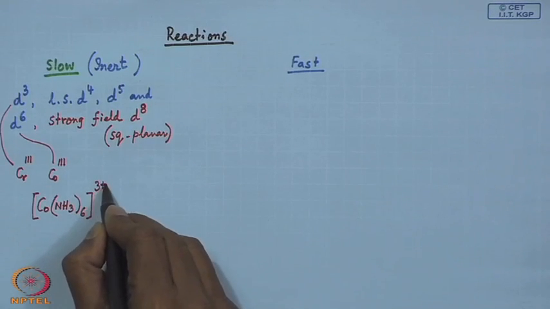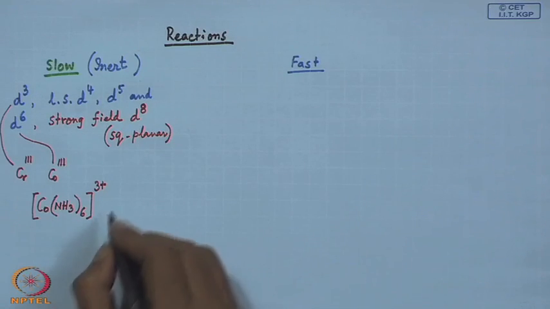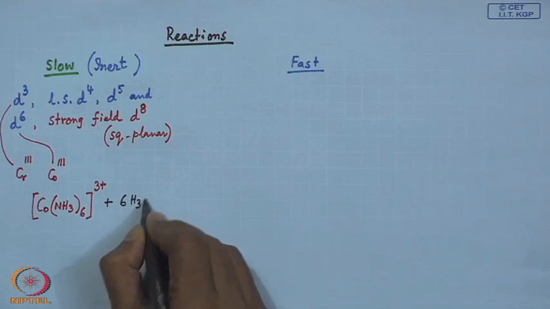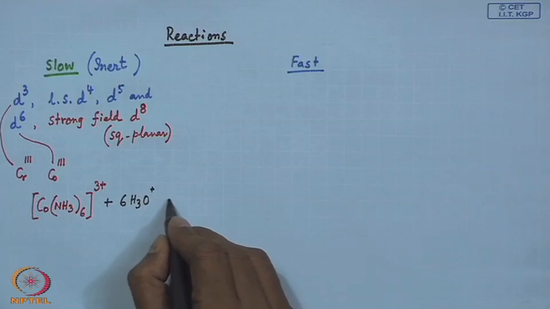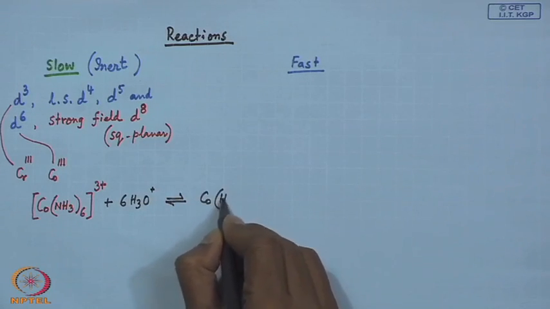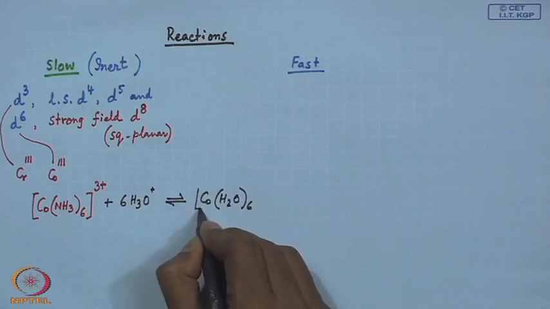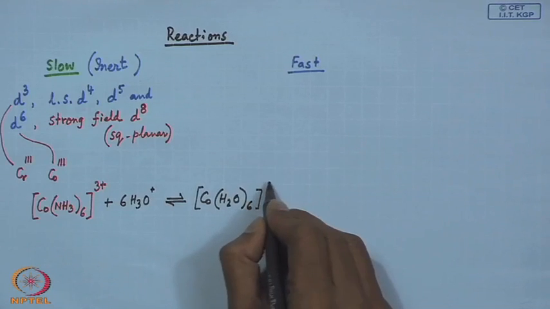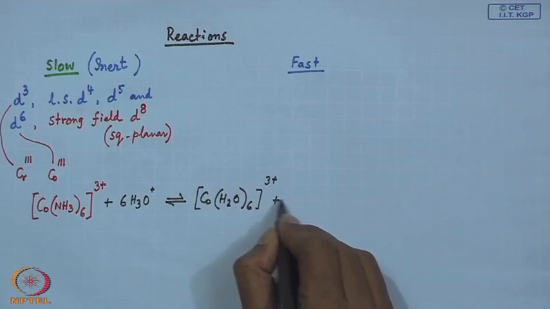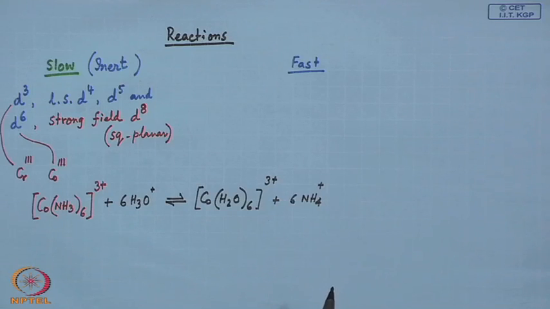which is substitutionally inert. When this compound reacts with acids, say protons, it gives rise to substitution of all the ammonia ligands by water molecules, to give the corresponding hexaaqua cobalt 3 compound and 6 ammonium ions after protonation.